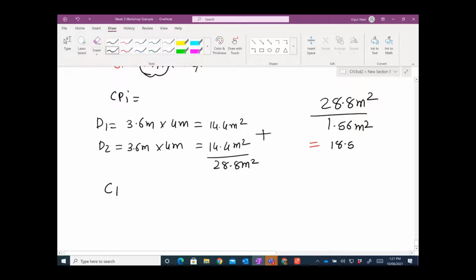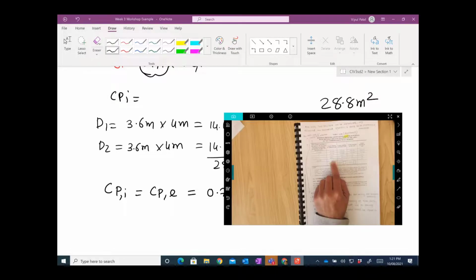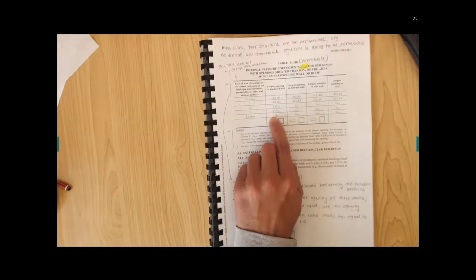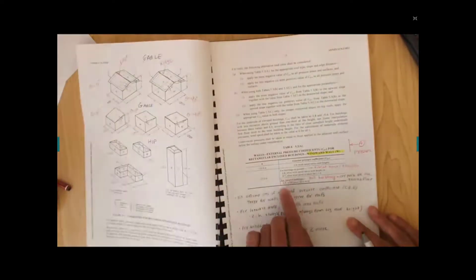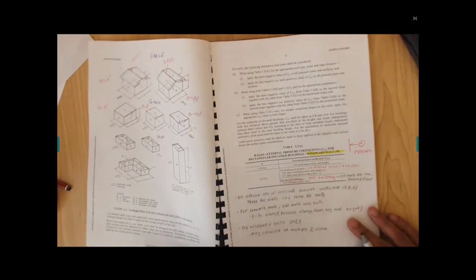So CPI is equal to CPE is equal to 0.7, because this is the windward wall, right? Because the opening is on the windward wall, so you need to take the largest opening on the windward wall. So CPI equal to CPE. CPE of windward wall, we know is positive 0.7.